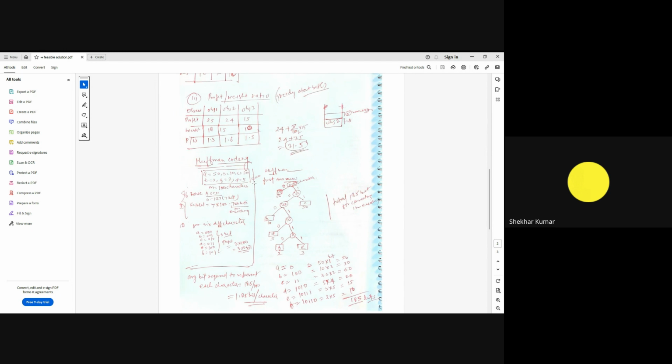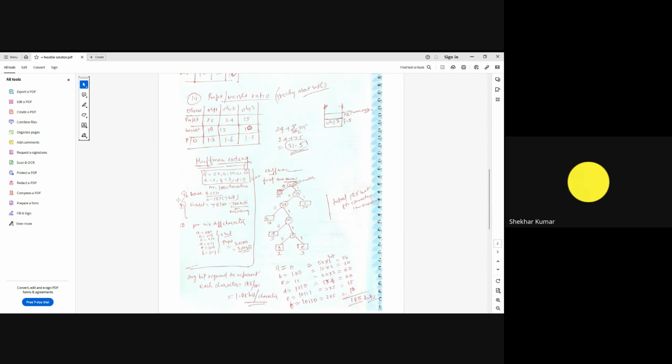It wants signals, and these signals are represented in binary form, in the form of bits. So 7 bits are needed to represent a single character.